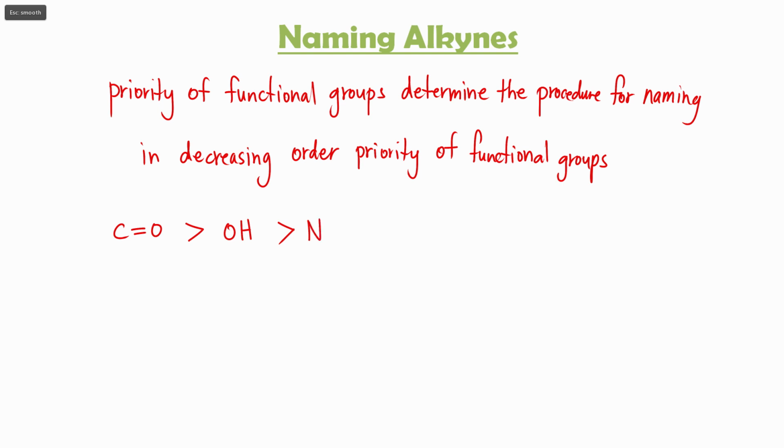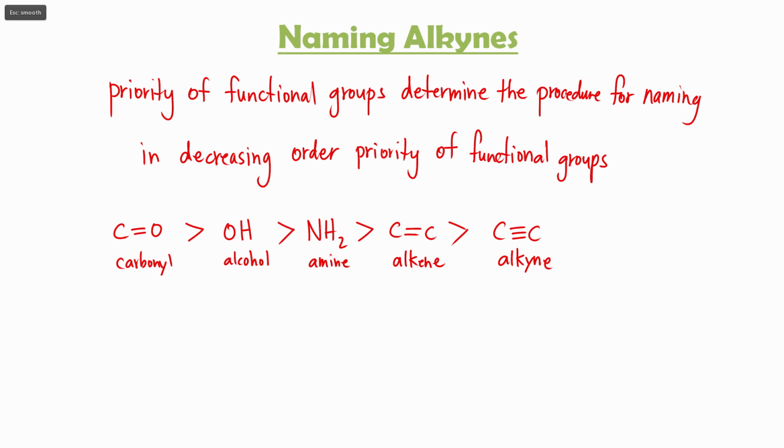And your alcohol takes priority over the amine, and the amine takes priority over the alkene, and the alkene takes priority over the alkyne. This is alcohol, alkene, and alkyne.